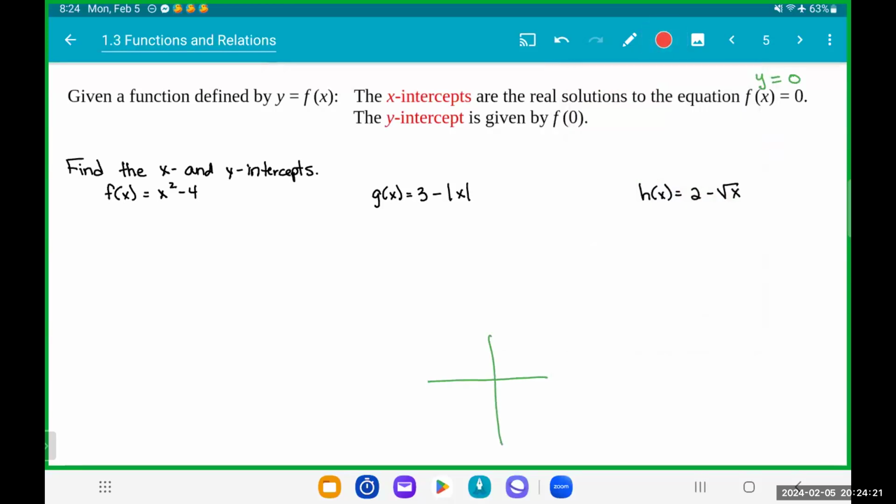If I have a graph that looks something like that, wherever I cross the x-axis, my y value is equal to 0. Wherever I cross the y-axis, my x value is equal to 0. So this is where we let x equal 0, and the other one, we let y equal 0.